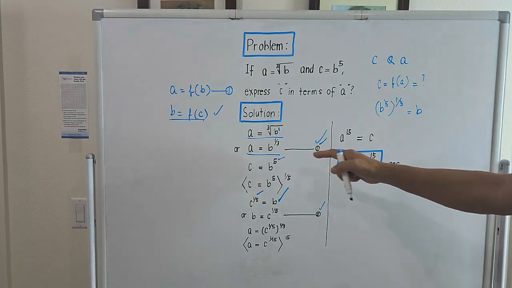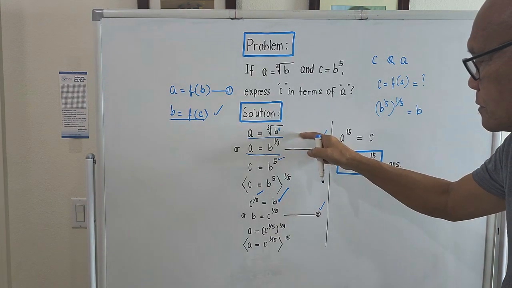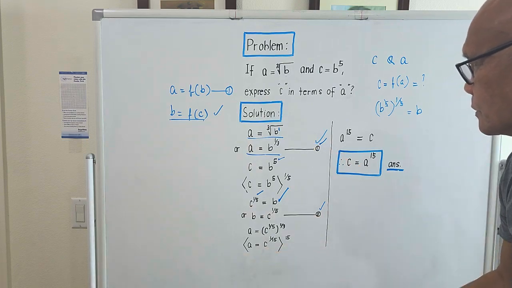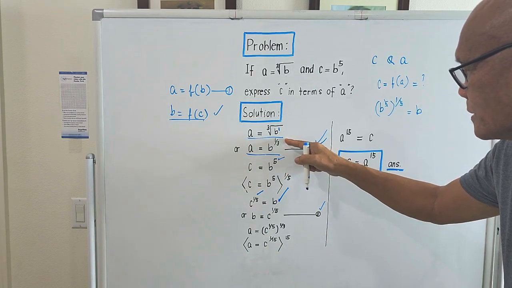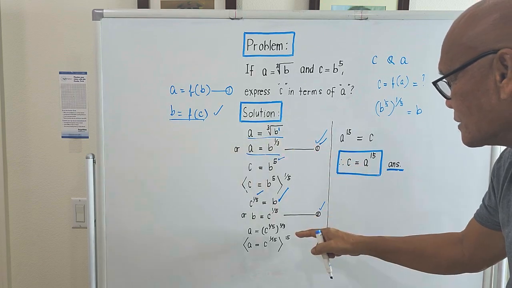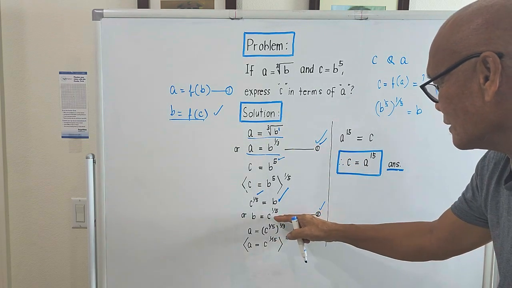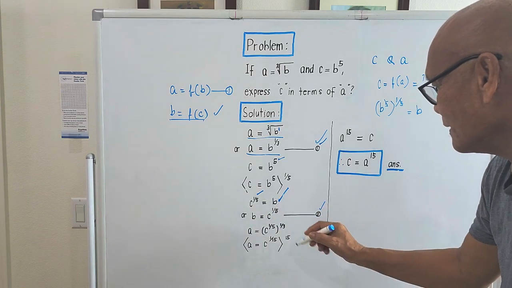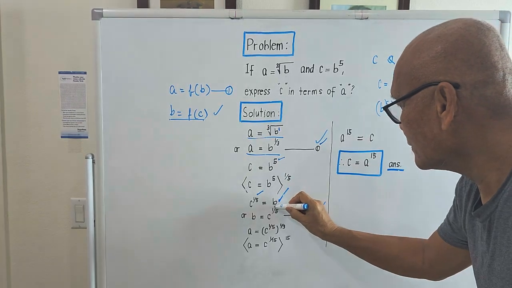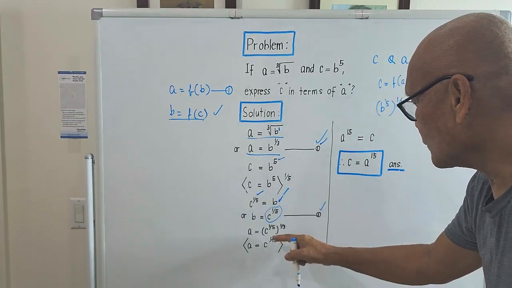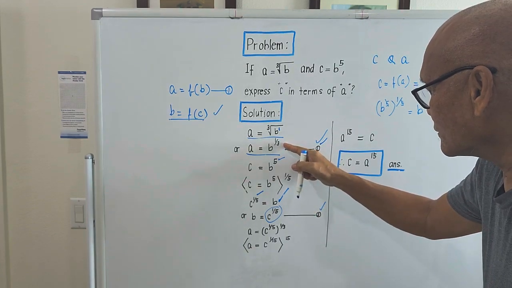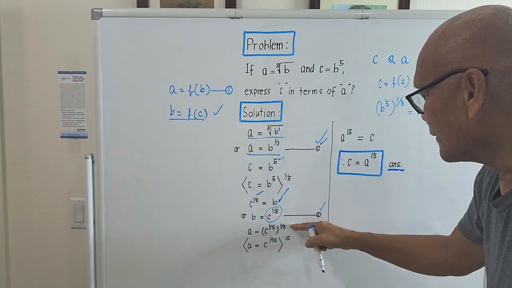Going back to equation number 1, a is equal to b raised to the 1/3. But what is b in terms of c? It is c to the 1/5. We replace b by this value, so it becomes c to the 1/5, again with exponent 1/3.